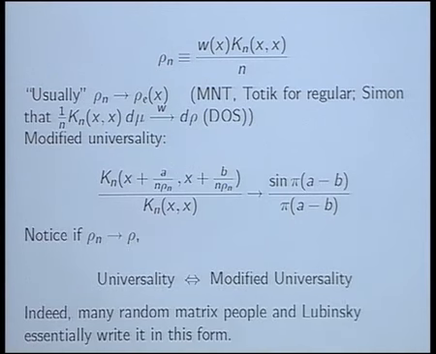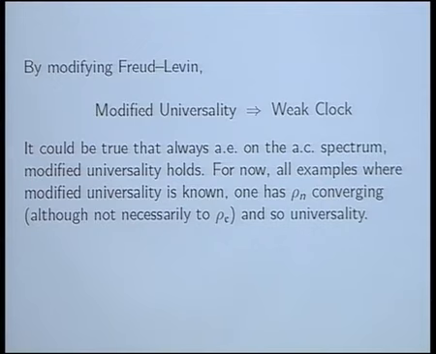And again, if the rho n's converge, and in all the cases we actually know they do, you get it. And in fact, the random matrix people, because their rho n doesn't converge without a slightly different normalization, usually write universality in this way. And as I said, modified universality implies weak clock.